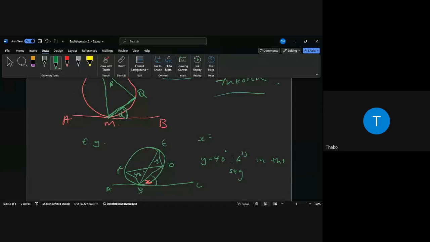Oh, come on, guys. Guys, you need to pay attention. And when you don't understand something, you stop me. You can't recognize a chord that subtends the two angles. BD. Thank you. Why were you quiet?